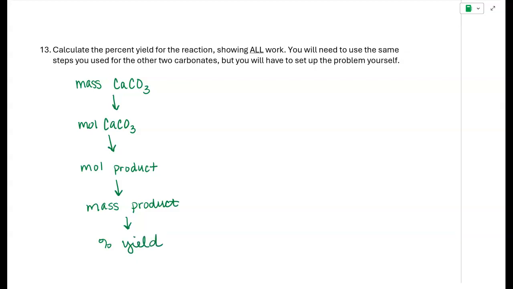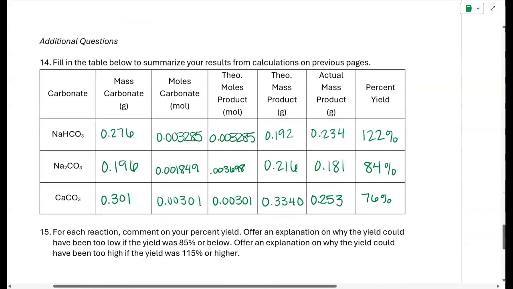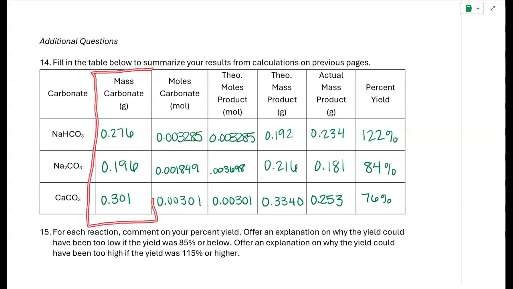And so I'm going to show you my final table. So here we have the amount of carbonate that I started with. These data here are from my table 1. And then these here were all calculated.